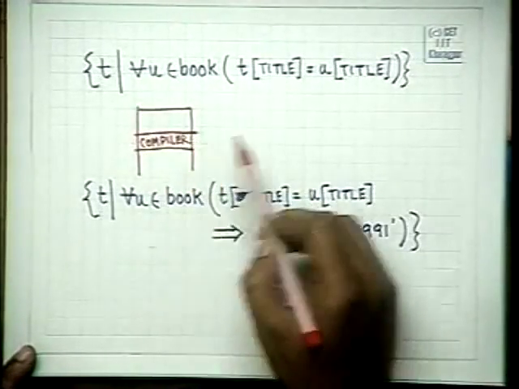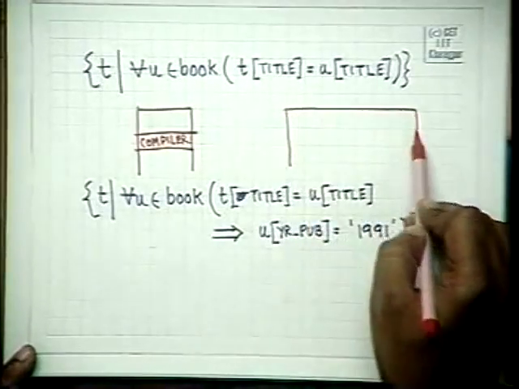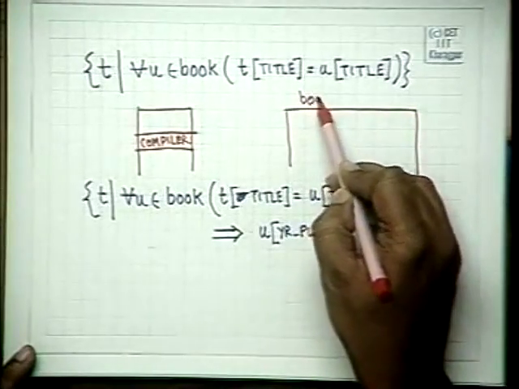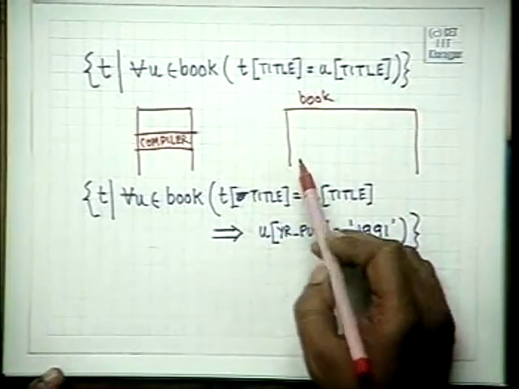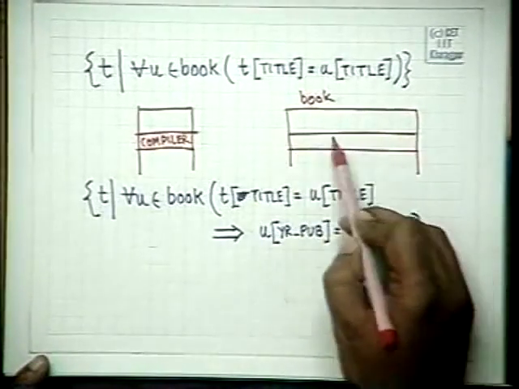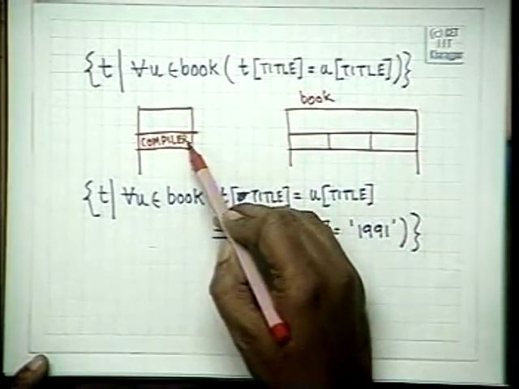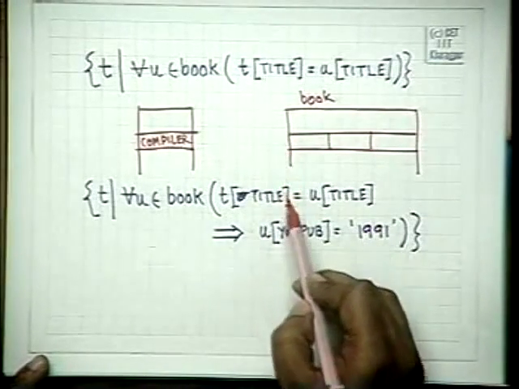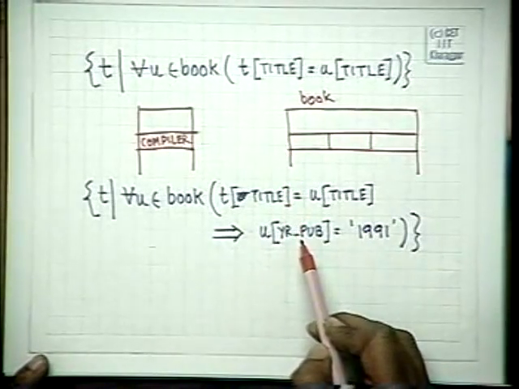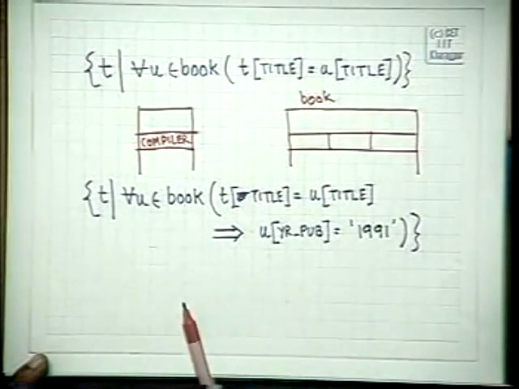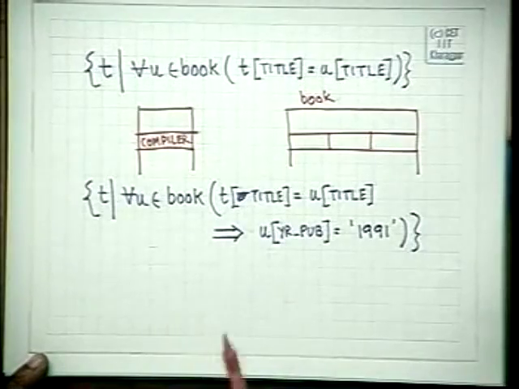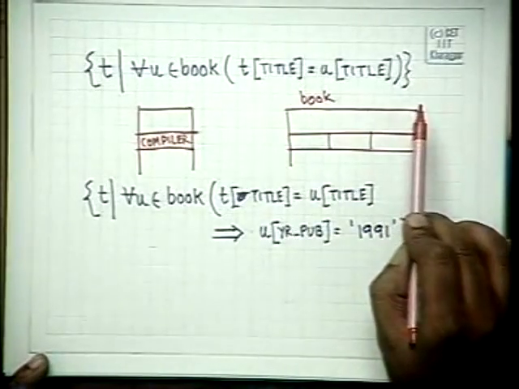This means that in the book relation, which has got three attributes, title, year of publication and accession number, each and every tuple in book must satisfy T.title equal to U.title. This is the meaning of this expression.